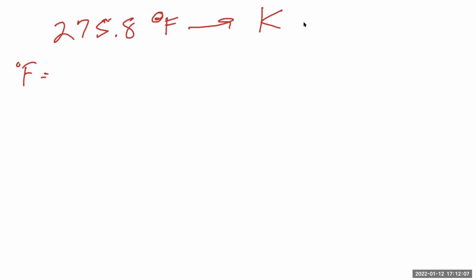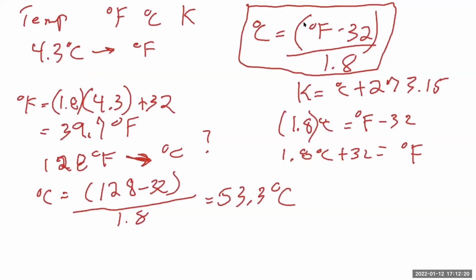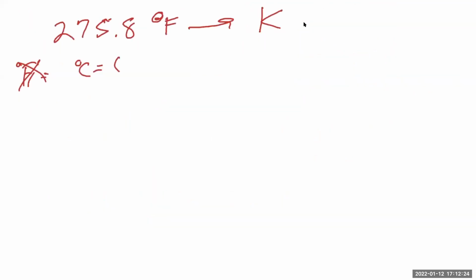I'm converting Fahrenheit to centigrade first. So my degrees centigrade is my degrees Fahrenheit minus 32, divided by 1.8.